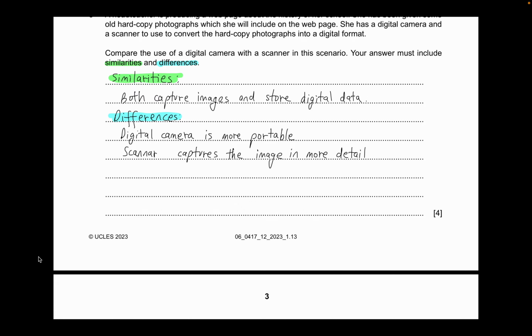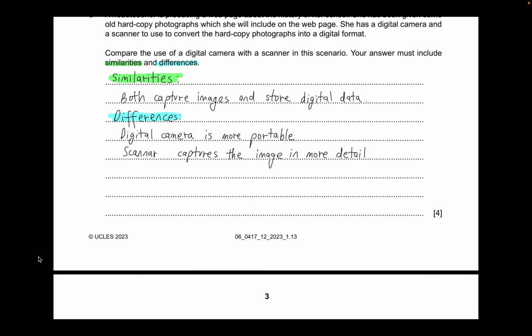You can mention anything from some of the key points in these similarities and differences. Other points that you can mention in differences are that scanners don't have a keystone effect, whereas digital cameras can only capture the shadow of the image.